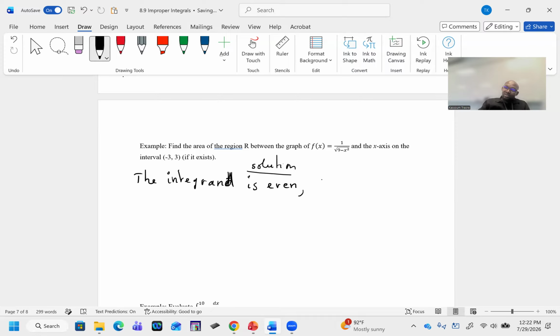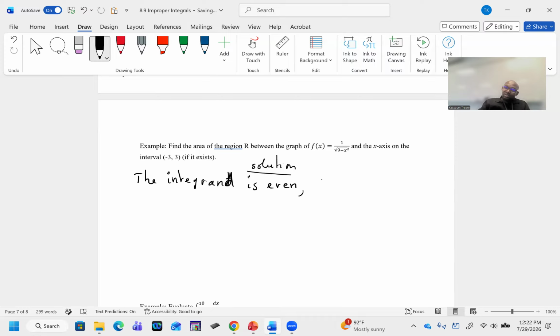Assume this improper integral exists. Because the integrand is unbounded at x equal to 3, we replace the upper limit 3 by c, okay?